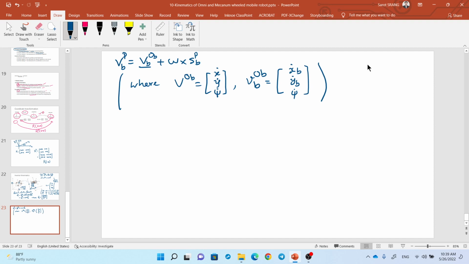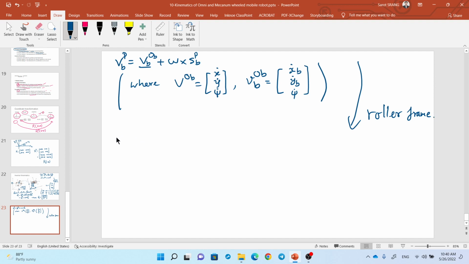Okay, we will use this. And okay, so now transform into the roller frame.